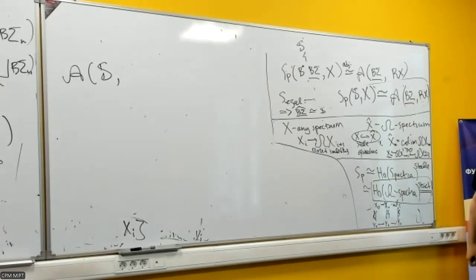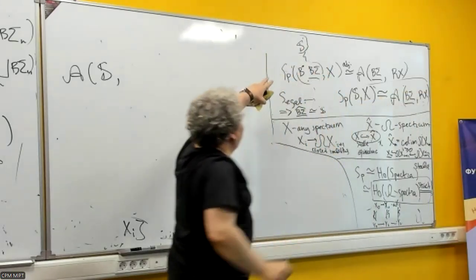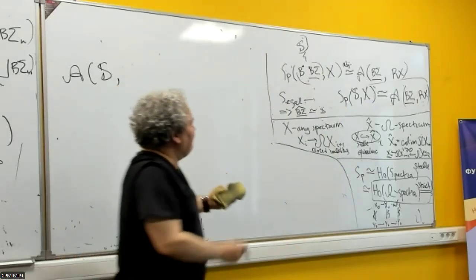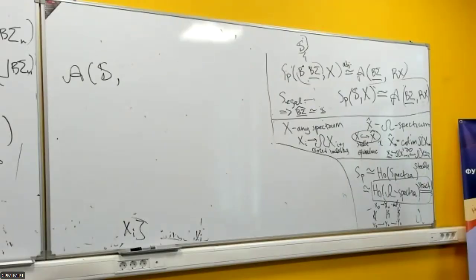Where X is a spectrum. So what was written here was different. So this is correct, because I want to prove that this spectrum can be replaced, after this omega replacement, by the sphere spectrum, and this I know from the adjunction, so I have to prove that. Then it would follow.